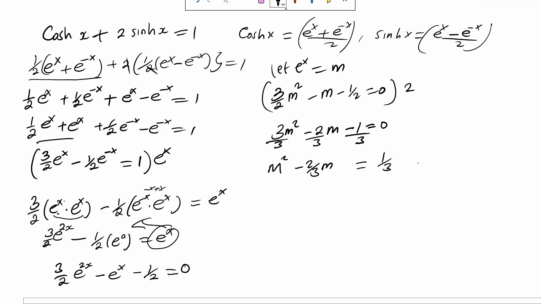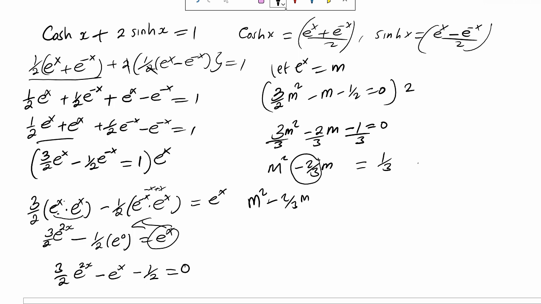Now I shall try to make the left hand side of the equal a perfect square, and to do that you take the coefficient of m here, get half of it, square it, and add the result to both sides of the equal, and that one becomes m squared minus 2 over 3m.